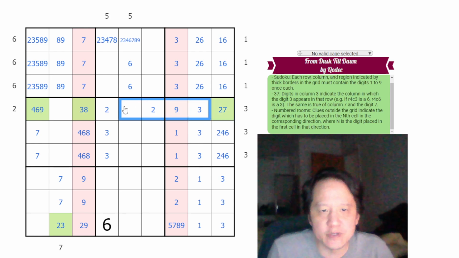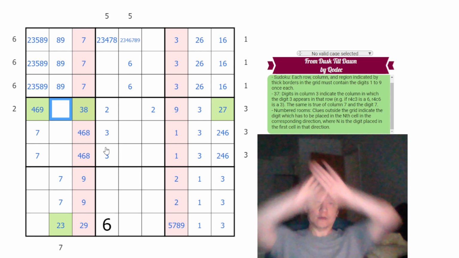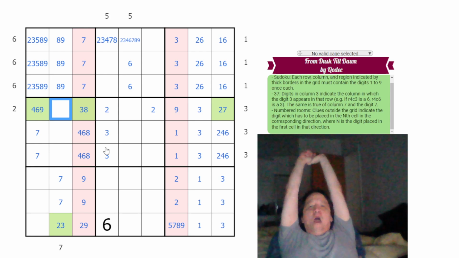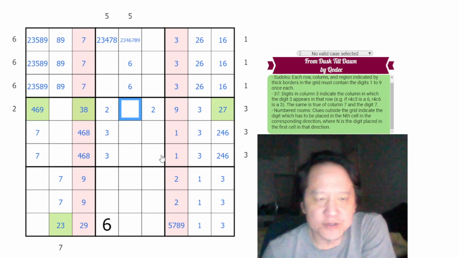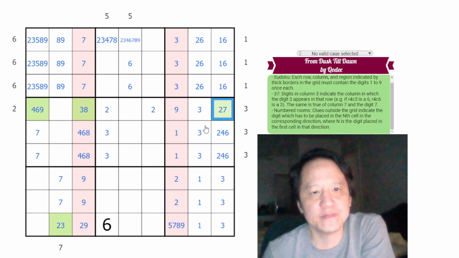The problem is that these can be whatever, right? This can be whatever too. But at least we've got some information, I guess. This is 2 or 7. So 3 is either here or here.